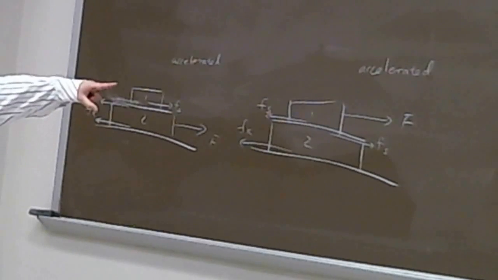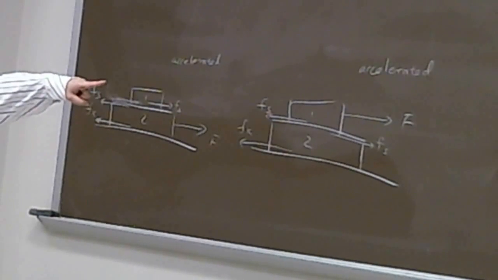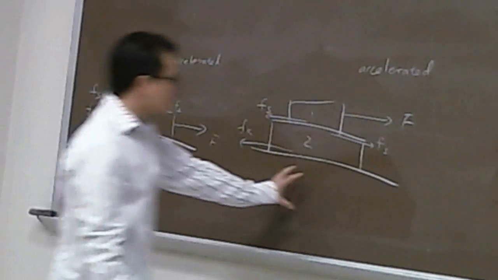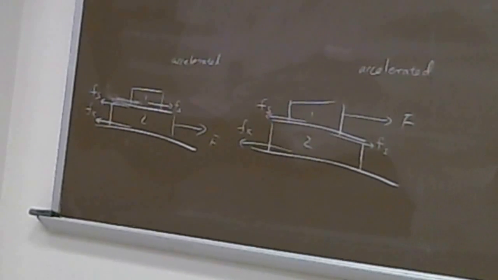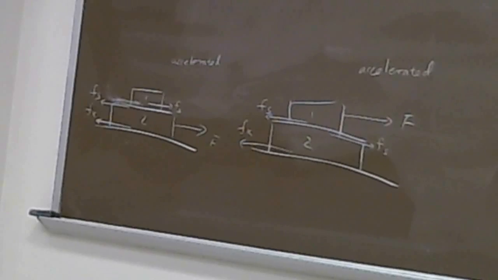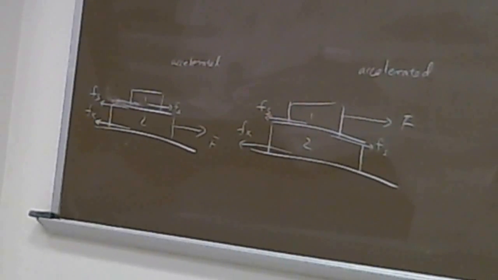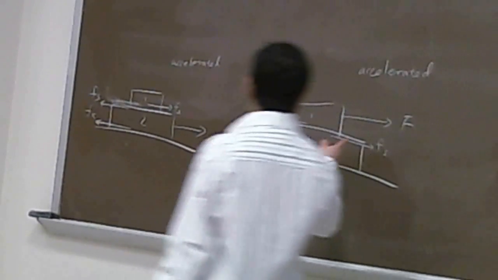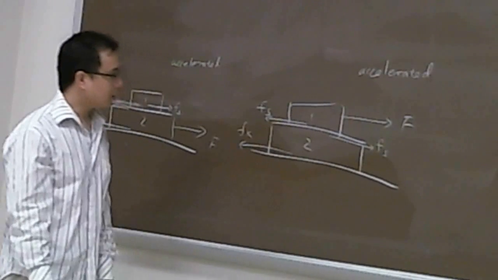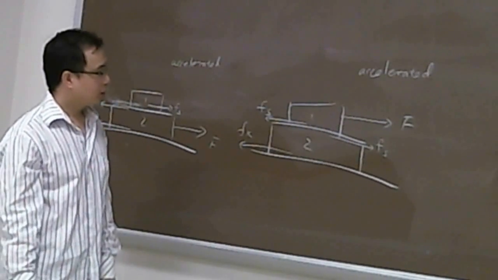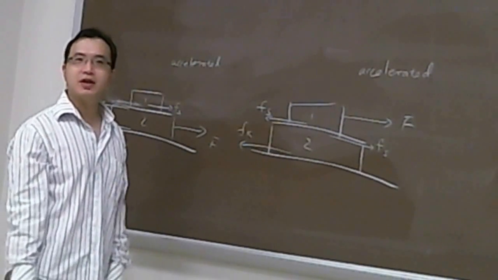So the graph looks quite similar to that one, okay? But the difference between this one and this one is, in this case, all the forces equal to each other, so there is no acceleration. But in this case, these forces may not be the same as each other.